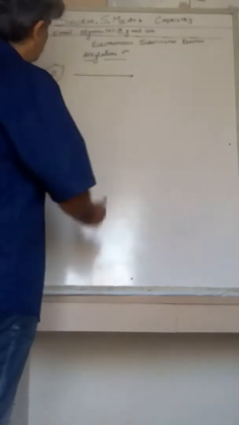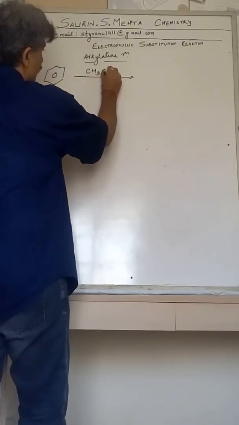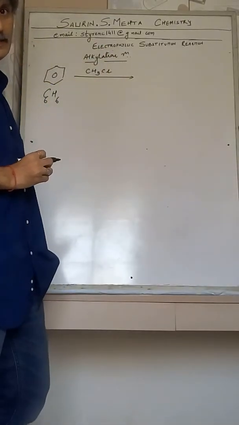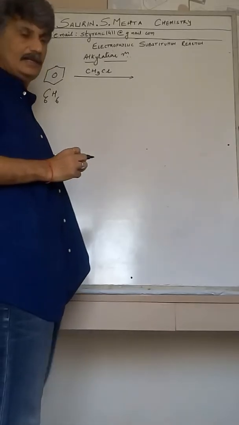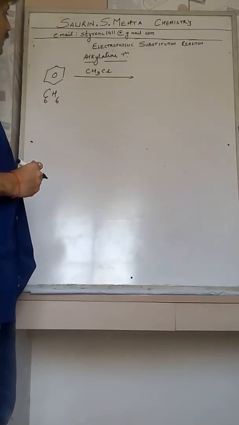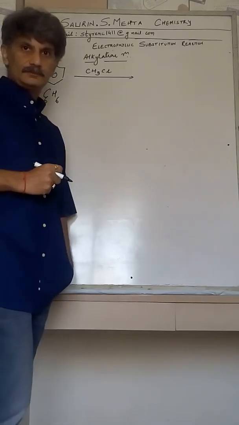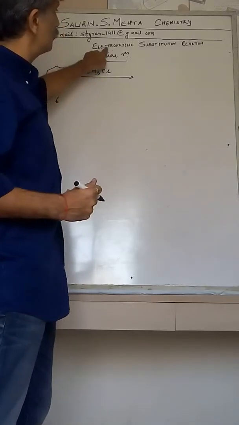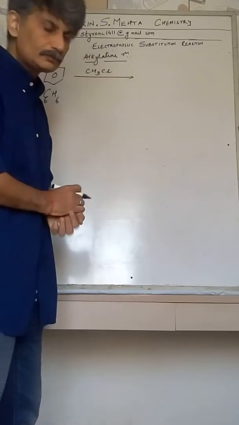Here we will take methyl chloride, CH3Cl, that is alkyl halide, for the alkylation reaction. And for that, again, we are on with electrophilic substitution reaction.